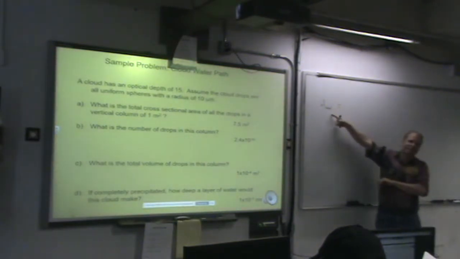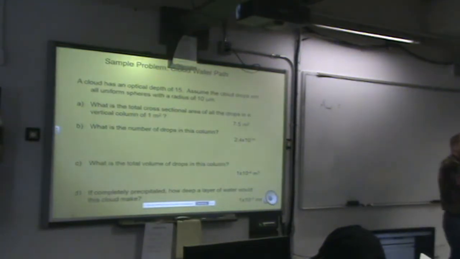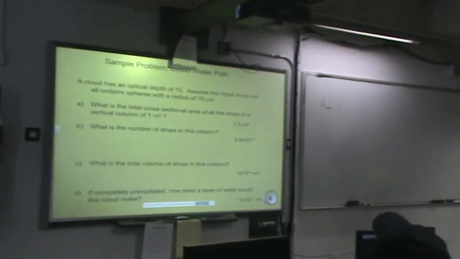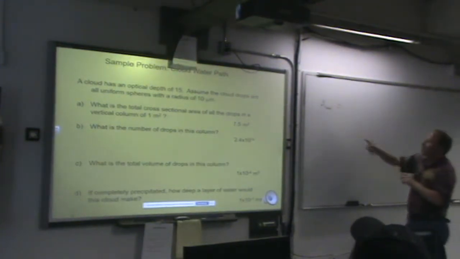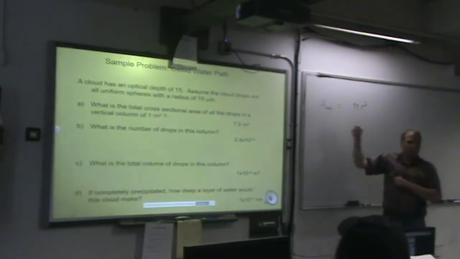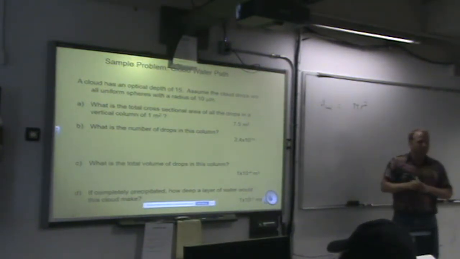Here's my hints. A total equals N times the cross-sectional area of one drop. One using the area of the sphere, right? You have to use that. But which area of the sphere? There is the total outside area of the sphere, there's a cross-sectional area. Cross-sectional. So when we get to the area total, we know each sphere has pi r squared, the cross-sectional area, that's what you see.